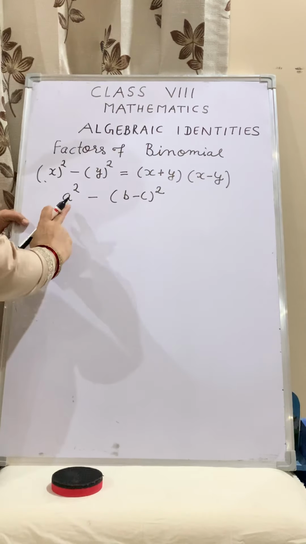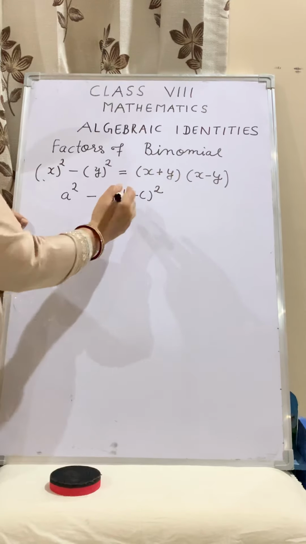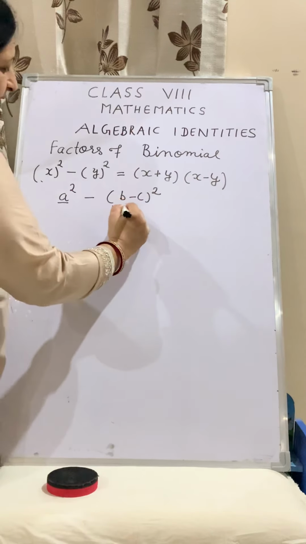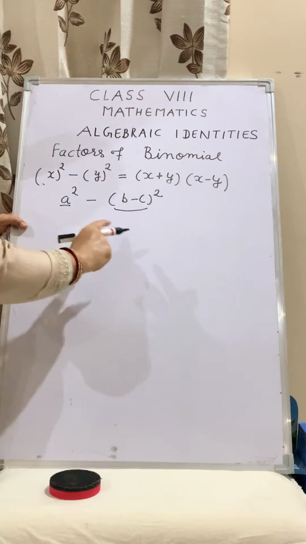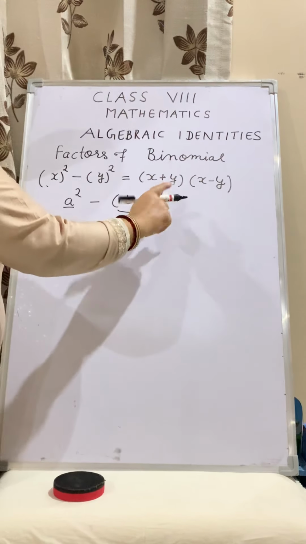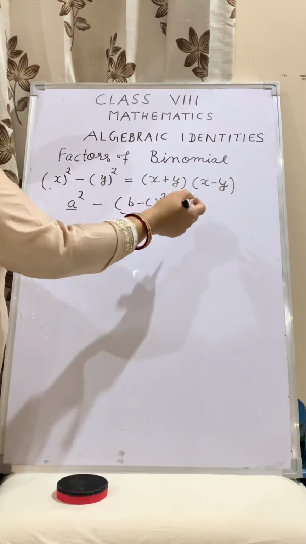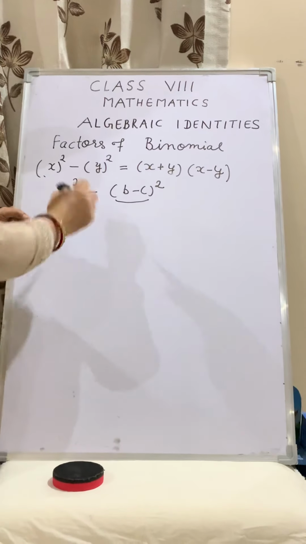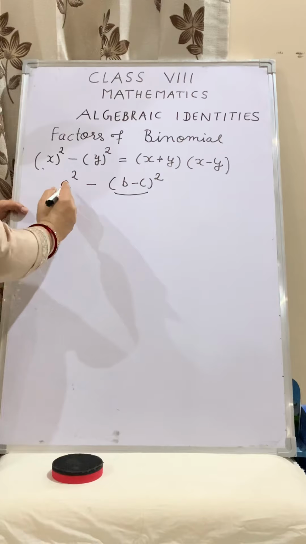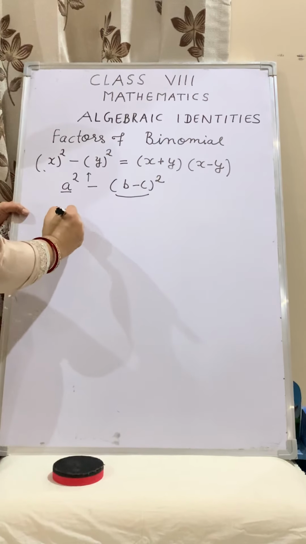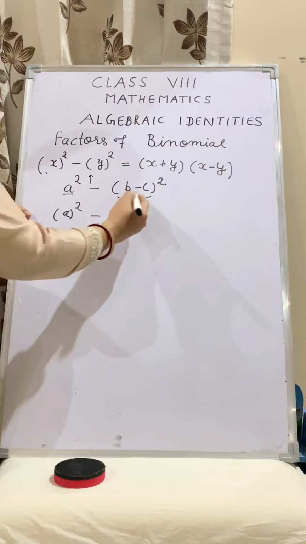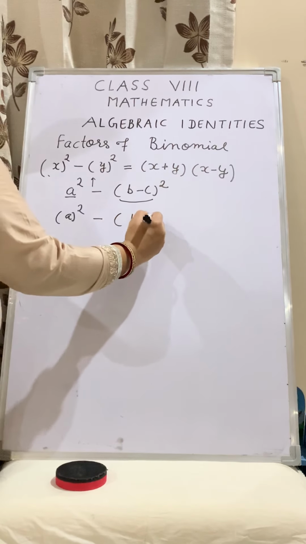In the statement, there are also two terms, first term and second term. Second term is a binomial. No need to expand (a minus b) whole square equal to a whole square plus b whole square minus 2ab. You have to factorize. We will write a square is a whole square and second is the same, it is the whole square of second.